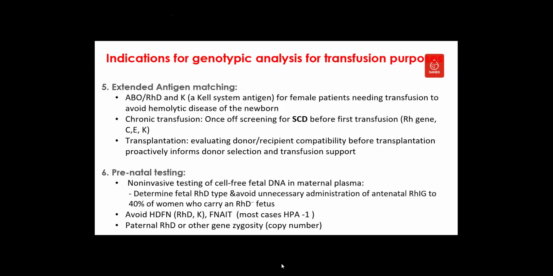In a similar scenario, we utilize HPA, so platelet genotyping screening, in the setting of fetal neonatal alloimmune thrombocytopenia. So it's obviously not red cell typing, but platelet typing. And there are certain genotypes on the HPA that are associated with this condition.